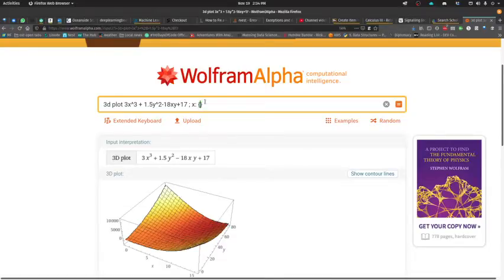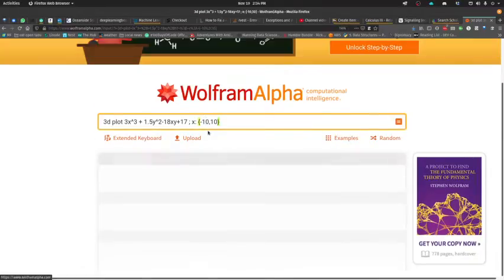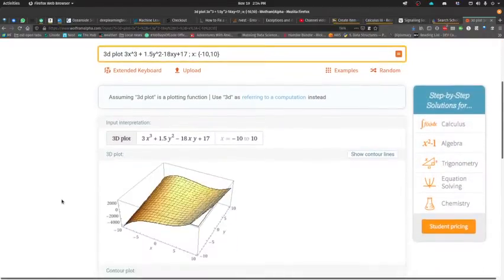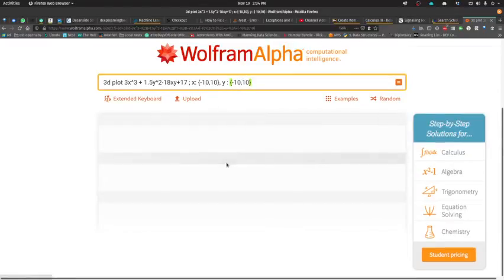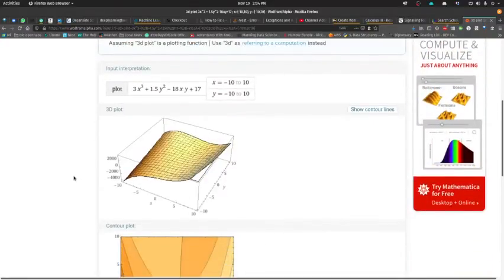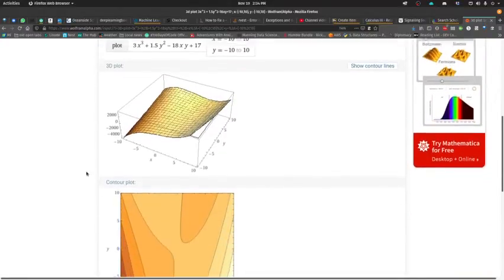Let's put x from -10 to 10. Oh, look at that. That worked. That was just a lucky guess. And let's say y is going to be in these curly braces from -10 to +10. Good. Hey, that worked nicely.